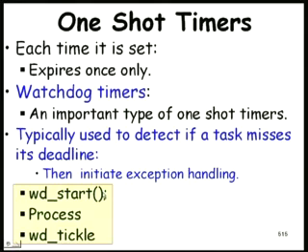You have to attach a handler routine with a one shot timer that we have not shown here. If the process completes before the watchdog timer expires, that means it has completed within its deadline, and we do not need the handler routine to be invoked, so we just say WD tickle. This is the system call that is invoked to reset the watchdog timer.